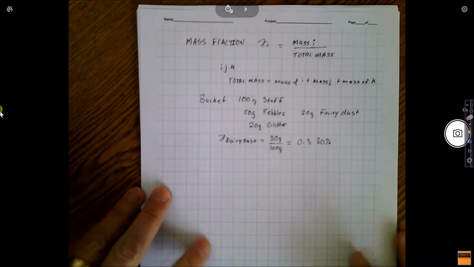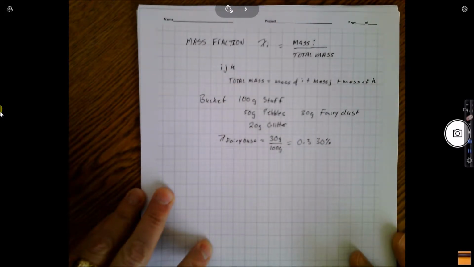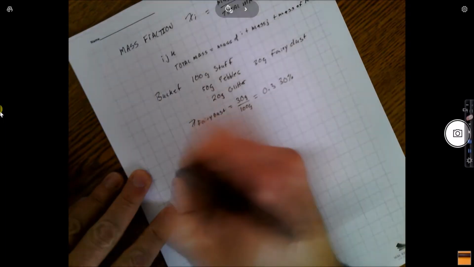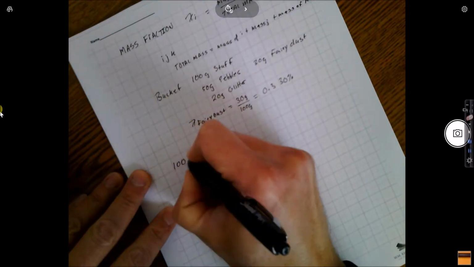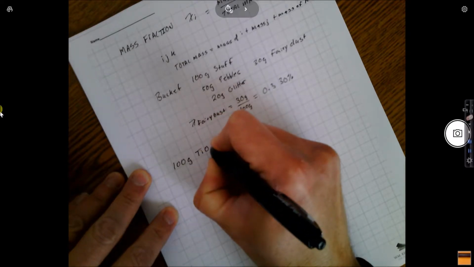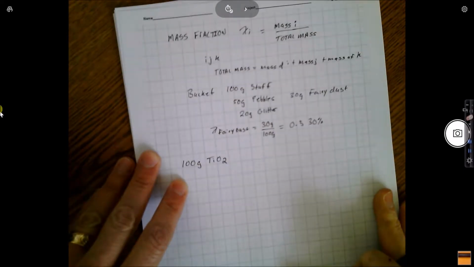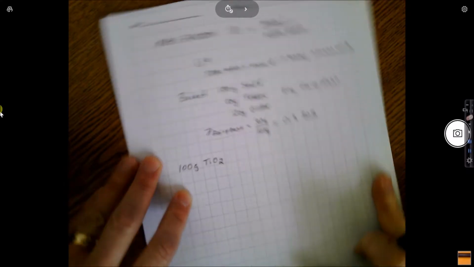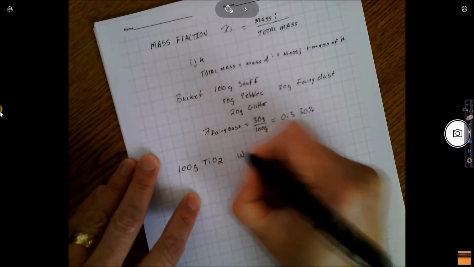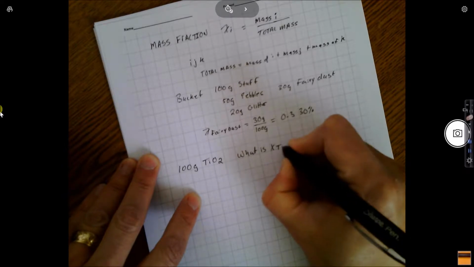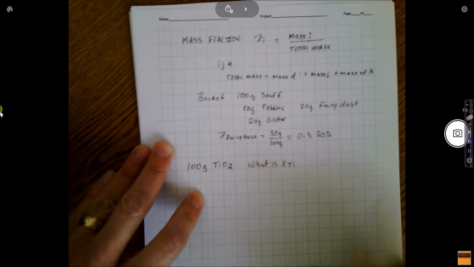So let's do a slightly more complex calculation for mass fraction. Let's go back to our titanium dioxide example. Let's say we have 100 grams of titanium dioxide, and we want to know what the mass fraction of titanium is. So we would do x sub Ti.